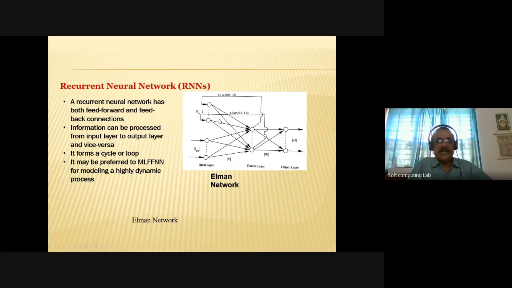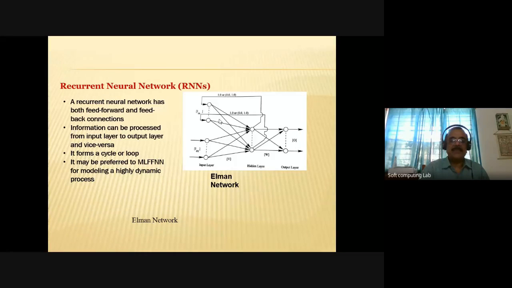As you are taking the feedback, there is a possibility that you'll be able to capture the dynamics of the process more accurately. So I hope you are clear that for a highly dynamic manufacturing process, it is better to go for a recurrent neural network to establish the input-output relationship, because here you'll be able to capture the dynamics of a process more efficiently.